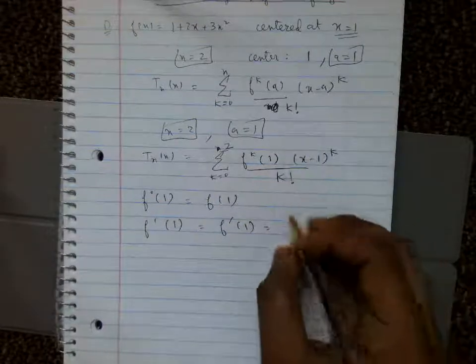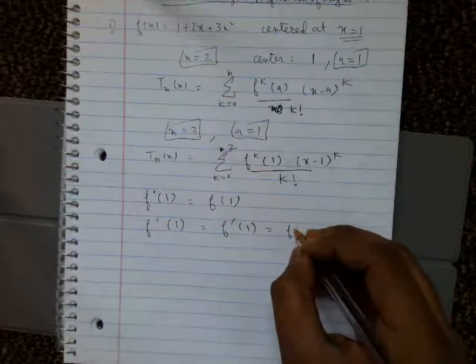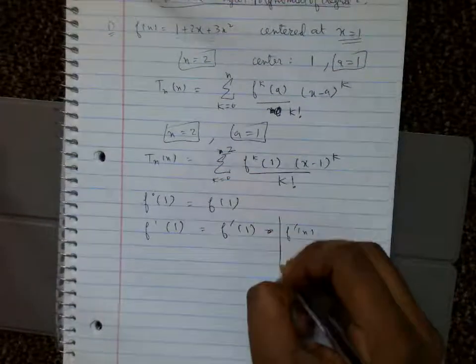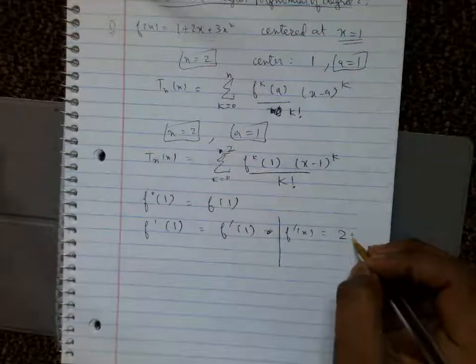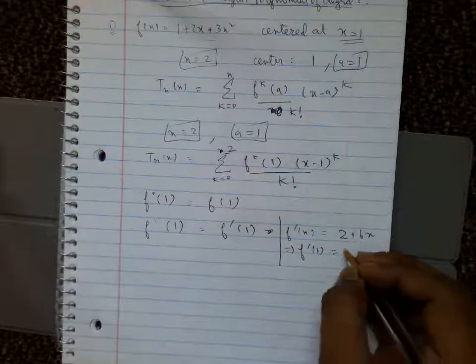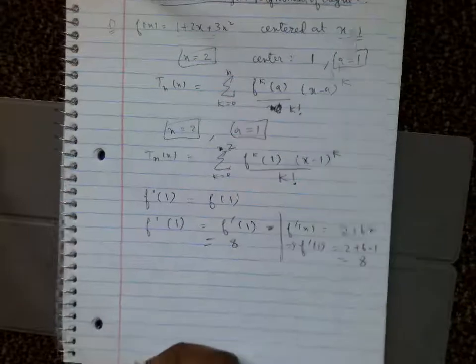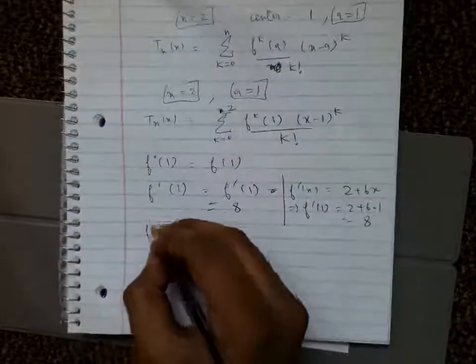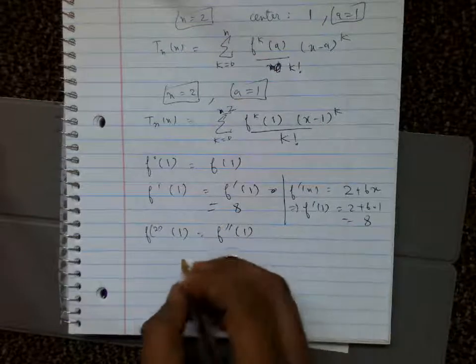We have f of x here, then f prime of x is the derivative of this, which is 2 plus 6x. So f prime of 1 is 2 plus 6 times 1, which is 8. And now f^2 of 1 is the double derivative evaluated at x equal to 1.